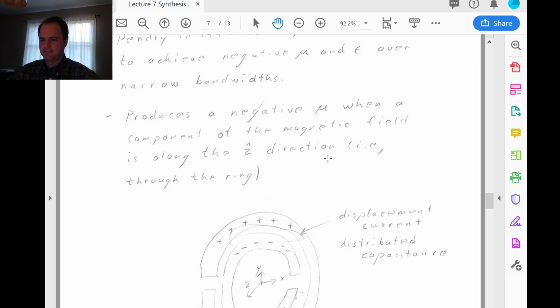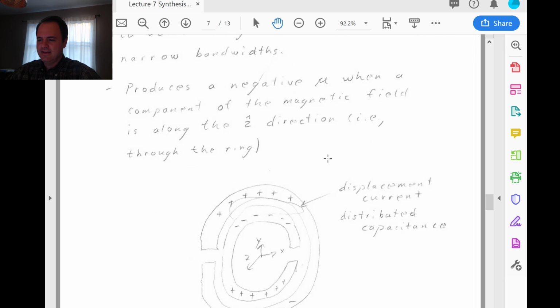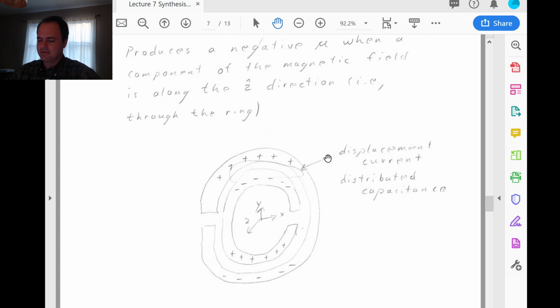narrow bandwidths. It produces a negative mu when a component of the magnetic field is along the z direction, i.e. through the ring. Just as you would expect using Faraday's law, when you have a z component of the magnetic field going through the middle of the ring, you're going to have a time-changing flux, and the ring itself will induce currents in the rings that fight that time-varying flux.